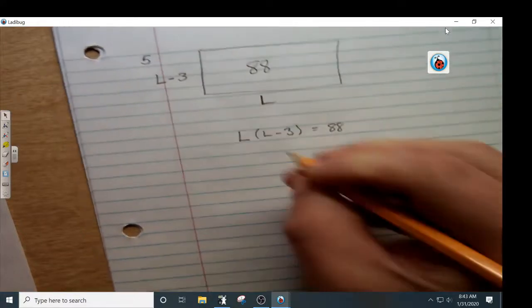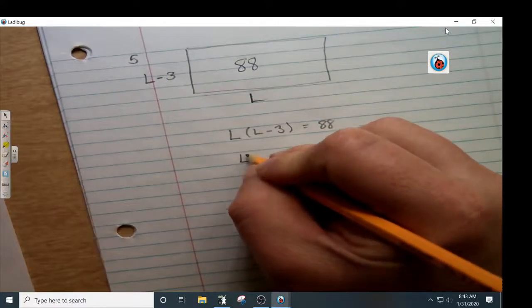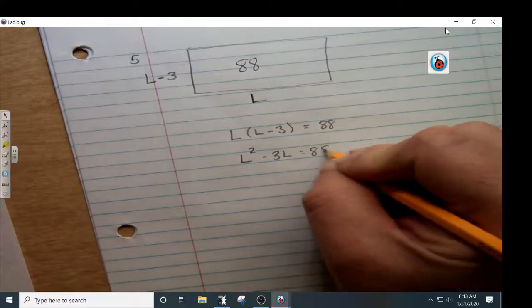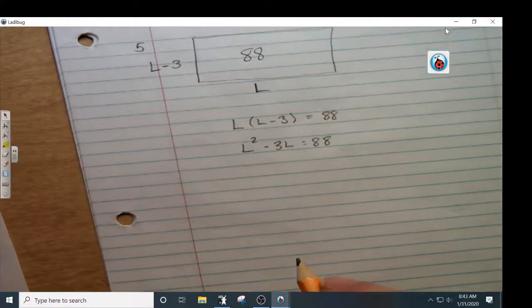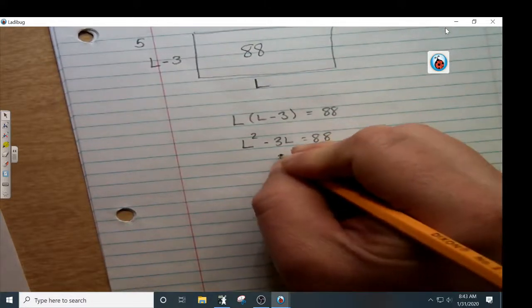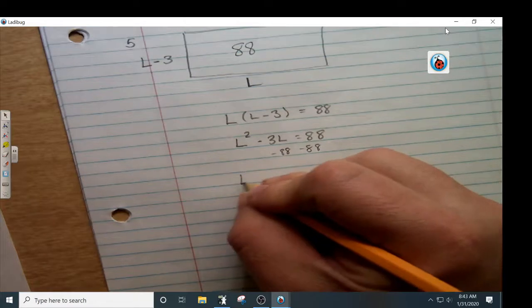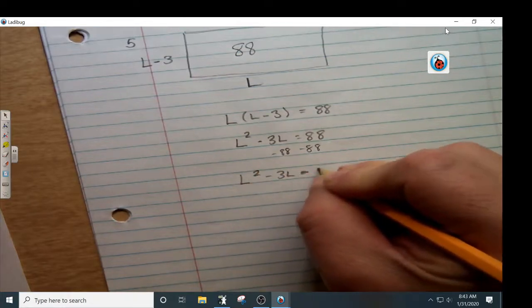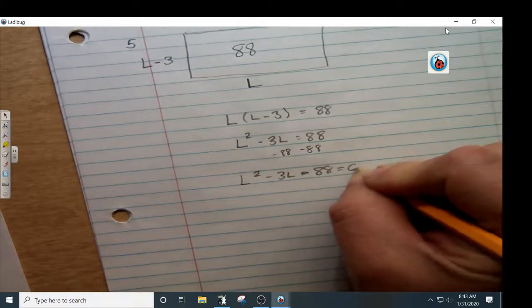Now, if I distribute that, that's going to be L squared minus 3L equals 88. Now, I need to get it equal to 0, so I'm going to subtract 88 from both sides. That's L squared minus 3L minus 88 equals 0.